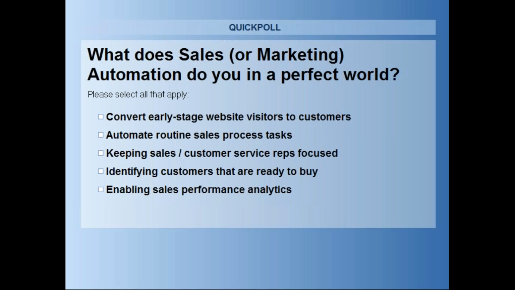And some of the things coming down the pike, if they're not already either in preview mode or already released for sales and marketing automation within the CRM system, they have this whole idea of intelligent customer engagement. So we're talking about cross-selling, upselling, providing recommendations. You pick a part, and it says, "Oh, did you ask the customer if they need spare parts or support to go with that?"